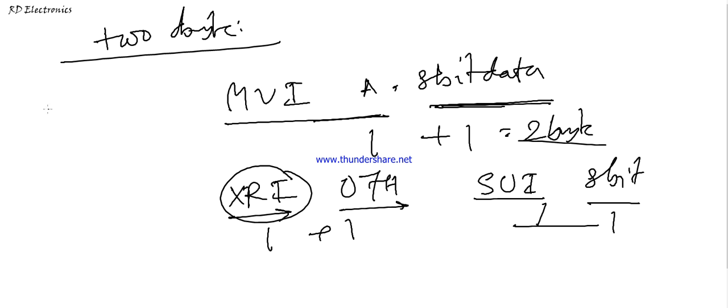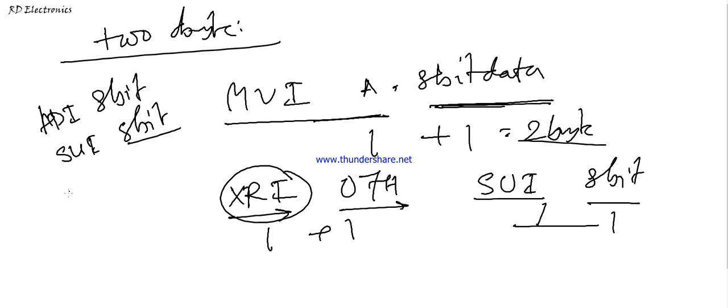The various types of 2 byte instructions are ADI, add immediate with 8-bit data, then ACI with 8-bit data, then ORI, OR immediate, then ANI, AND immediate, then XRI, XOR immediate. These are the 2 byte instructions.